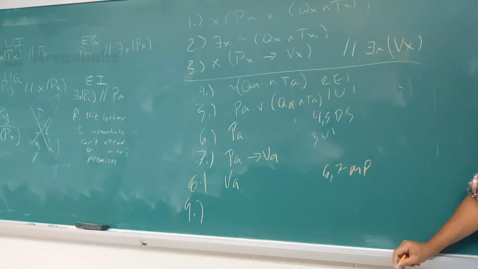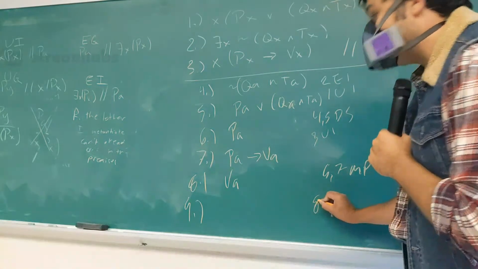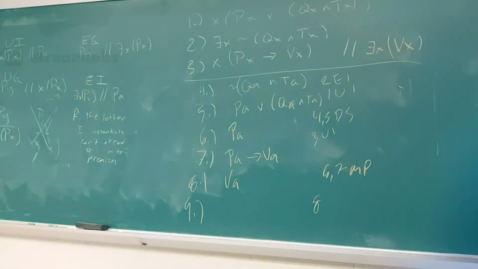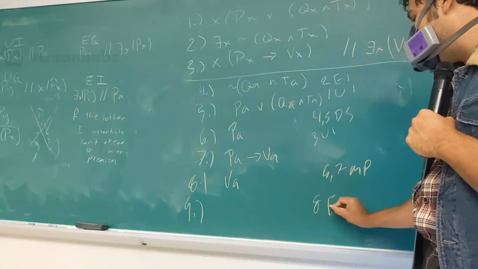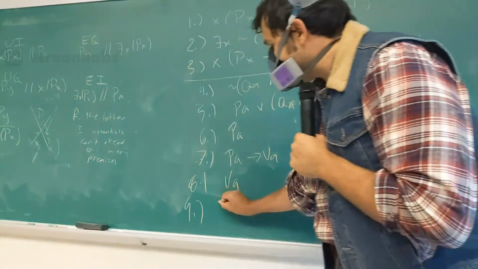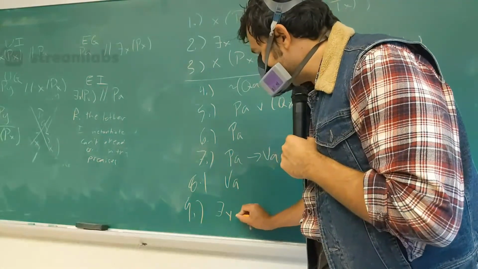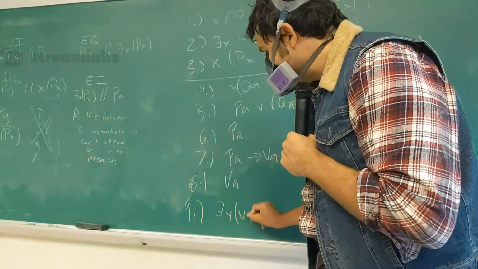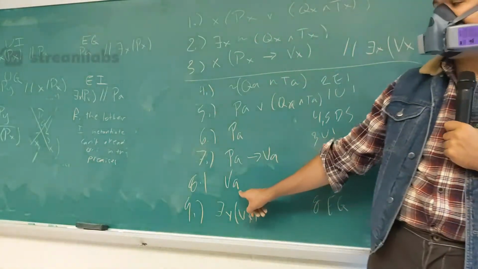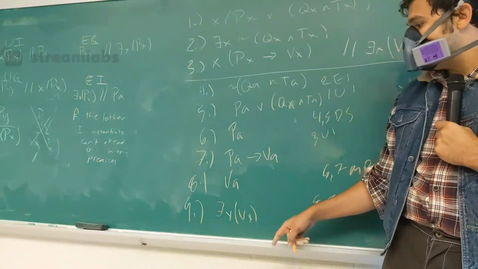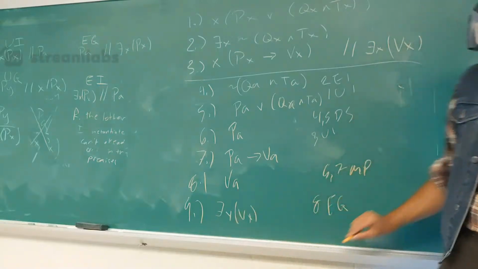Can you generalize it with an existential? Yeah, so EG, existential generalization, right? And that makes sense because I know this particular object V has V, so there is at least one thing that has V.